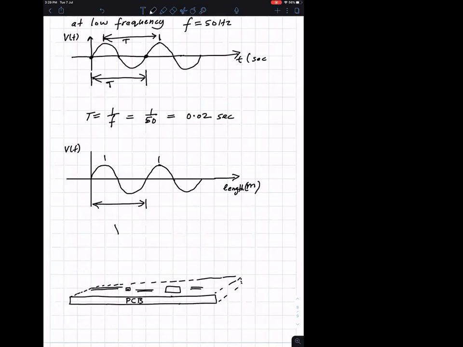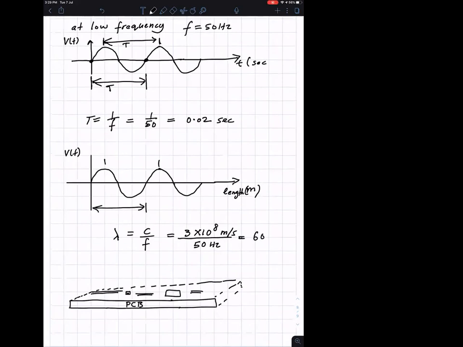Yes, you got that right. The speed of light is 3 times 10 to the power of 8 meters per second, and the frequency is 50 hertz. So that's going to work out to be 6 times 10 to the power of 6 meters.